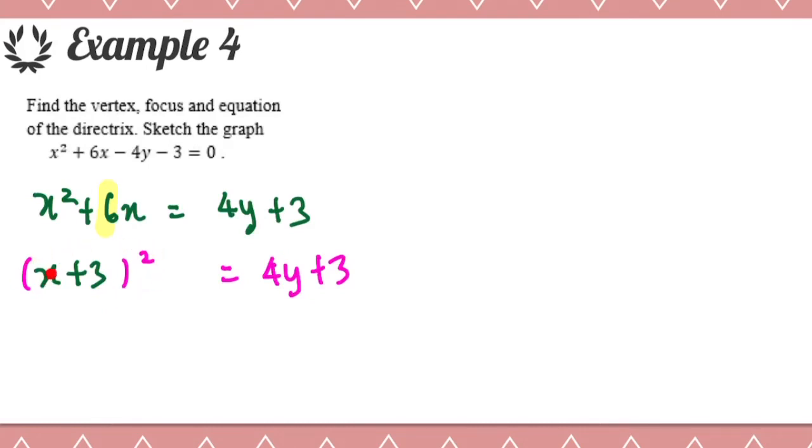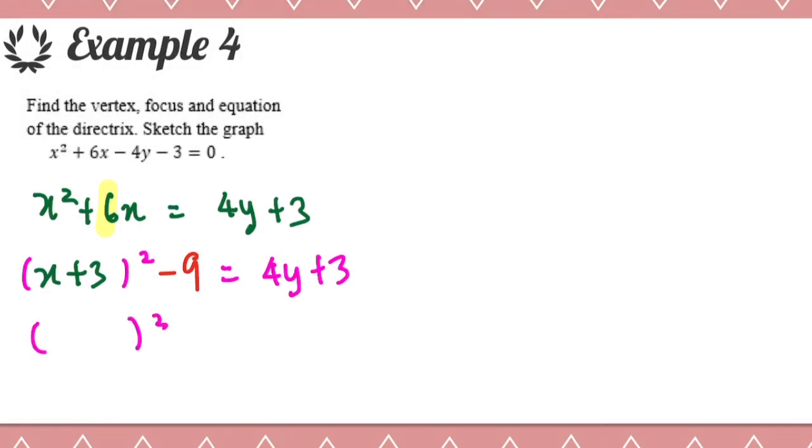Let's open back this square here: square the first is x squared, 2 times is plus 6x, and square the last is plus 9. Therefore, this is an extra term, so what we need to do now is minus back the extra term.